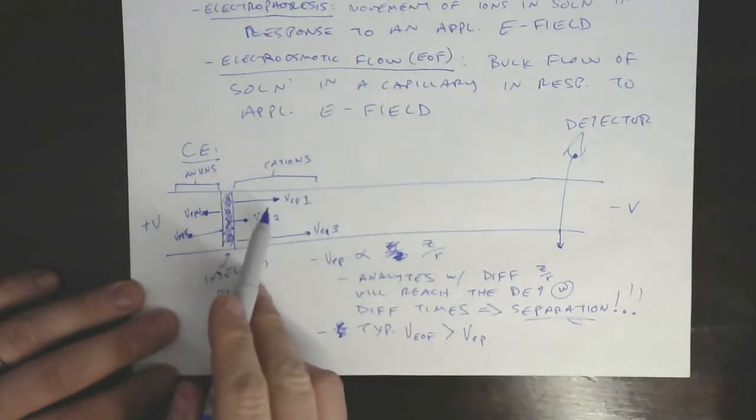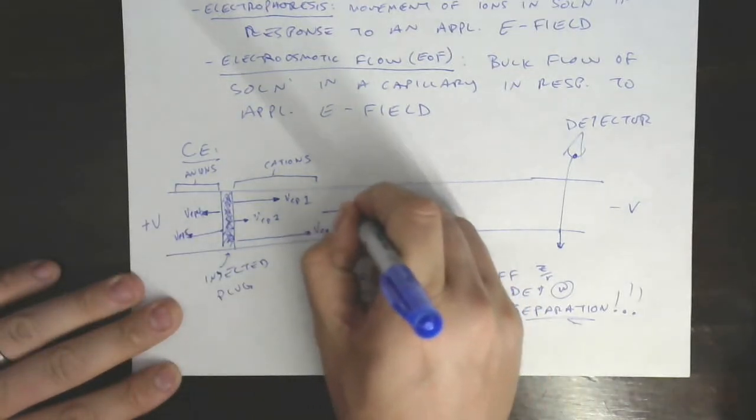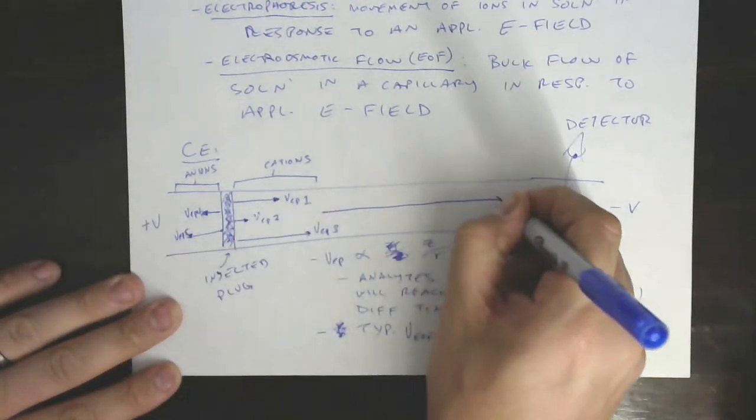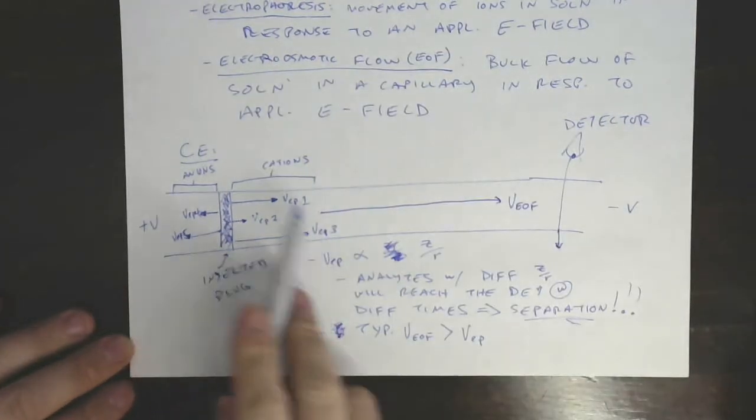That means if these are all vectors illustrating how fast these things are going, the vector that illustrates electroosmotic flow is much larger, something like that. Of course, they're all moving in bulk together.